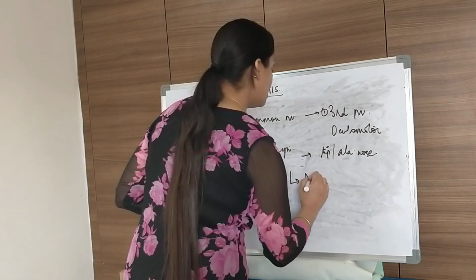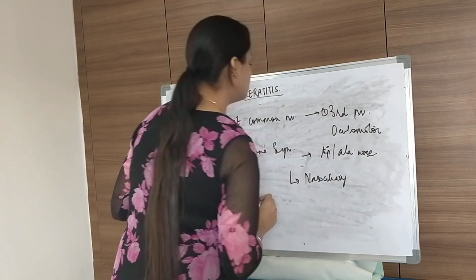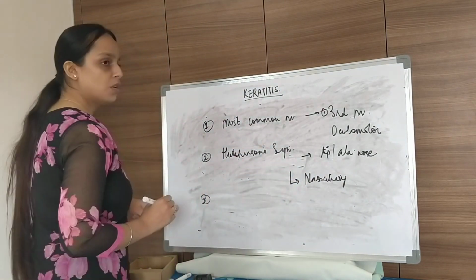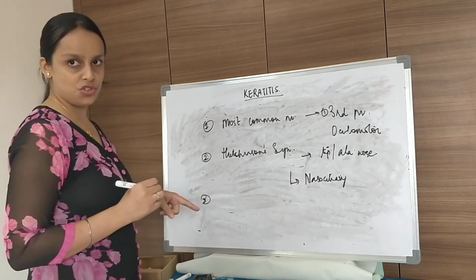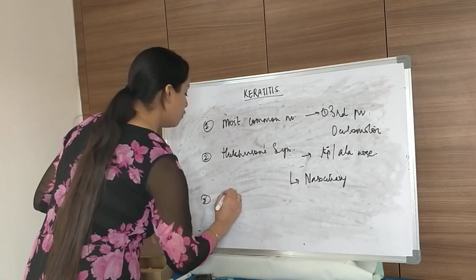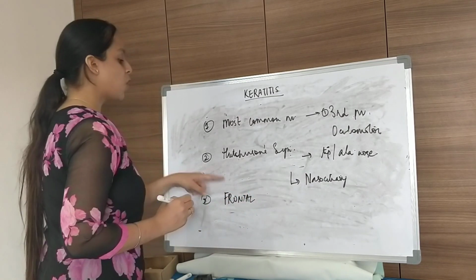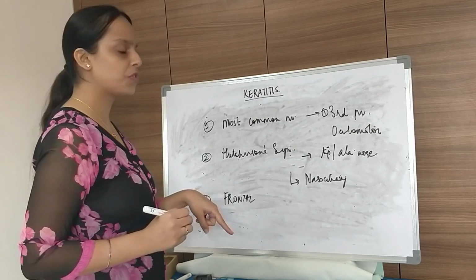So the nasociliary nerve is the nerve which is involved. The most common nerve to be involved by herpes zoster ophthalmicus is the largest branch of the ophthalmic nerve, which is the frontal nerve. So the frontal nerve is the most commonly involved branch of the ophthalmic division of the trigeminal.